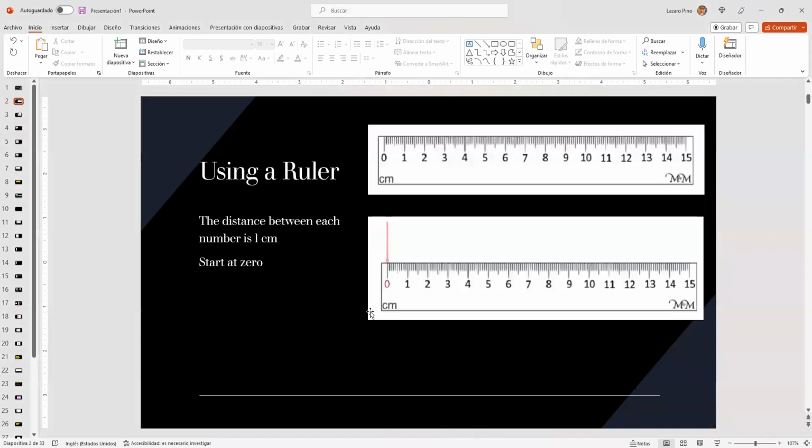Let's go to the ruler. How can we use a ruler? The distance between every number that you can see here represents 1 centimeter. And you must start the measurement here at 0, not here.